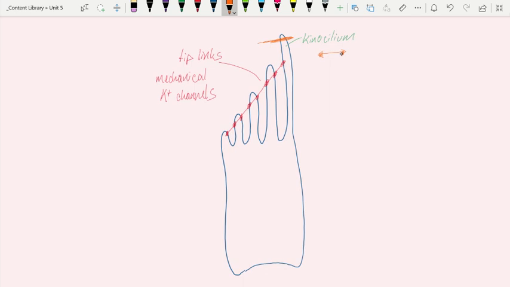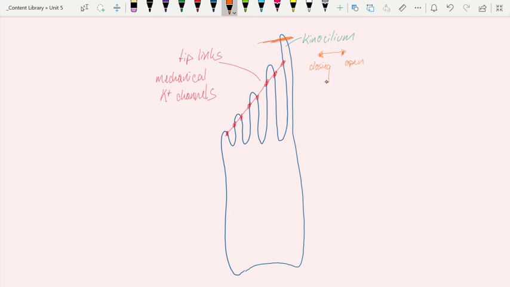And because the kinocilium is attached to all of these other stereocilia through tip links, that's going to lead to either an opening or a closing of these mechanically gated potassium channels. And so it's the vibration itself that opens and closes these mechanical channels.